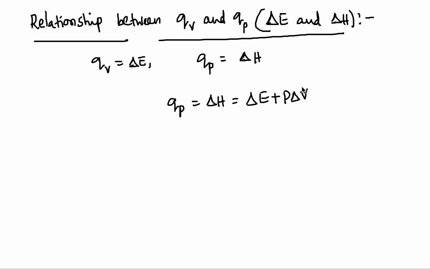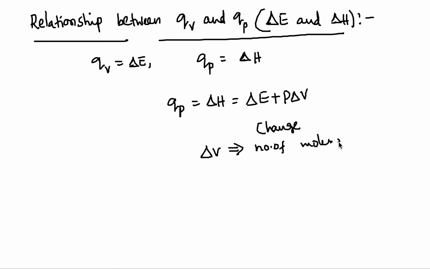Let's say this is happening at constant pressure. Whatever volume changes are happening essentially come from the change in temperature and change in number of moles. Let's say the reaction is happening at constant temperature. Therefore, the volume change is associated only with the change in number of moles. The volume is definitely going to change for gases.